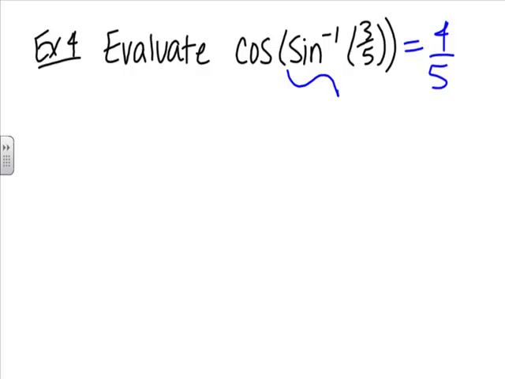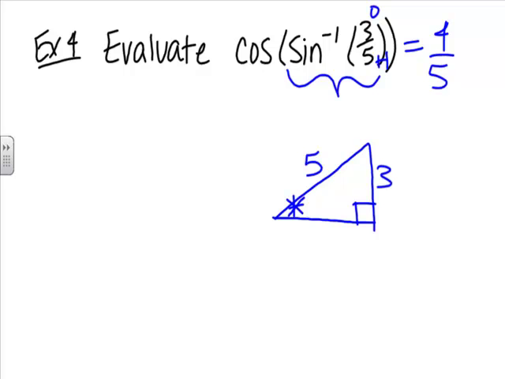Okay, so we need to take the cosine of this angle. And just to think about it for a minute, this is maybe even go back to early on when we start talking about trig. There's some angle whose sine, so this will be my angle, whose sine is 3/5. And if you recall, so the O over the H, that would mean that this angle, the hypotenuse is 5 and the opposite is 3.